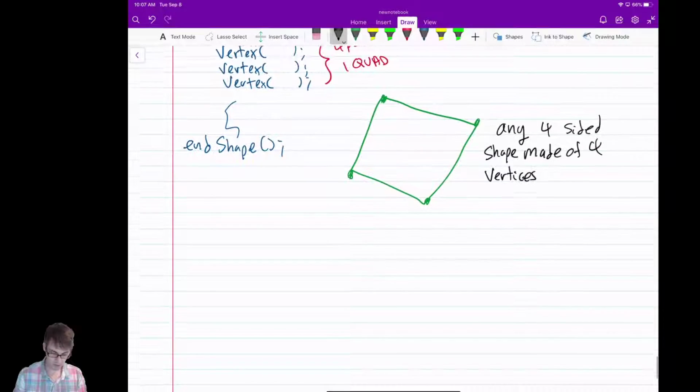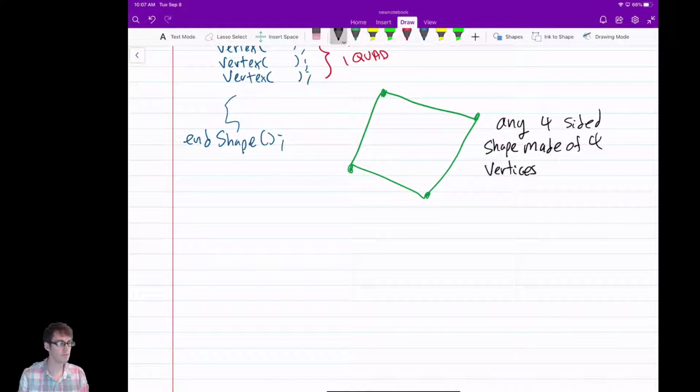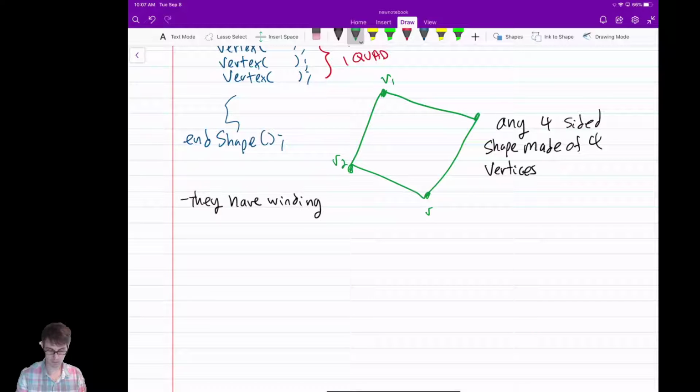Cool. So the first thing to note about quads is that they do have winding, just like a triangle. If I label these vertices V1, V2, V3, V4, then the edge vectors will be like this, and the winding will be in that direction.